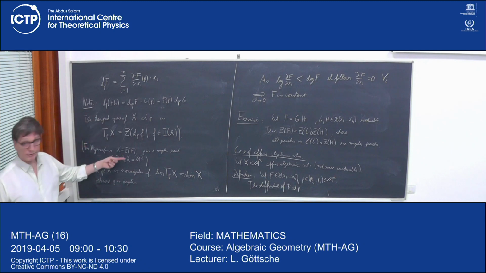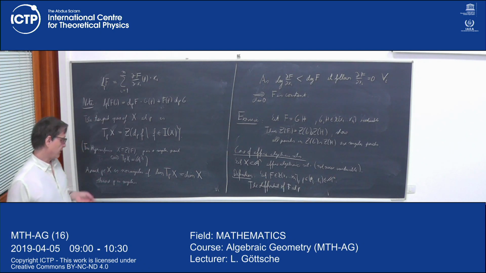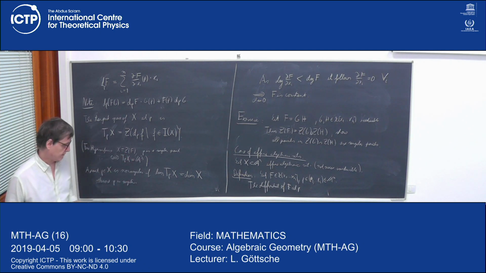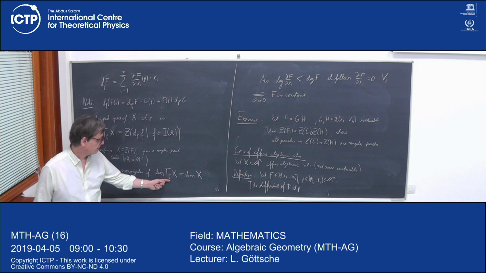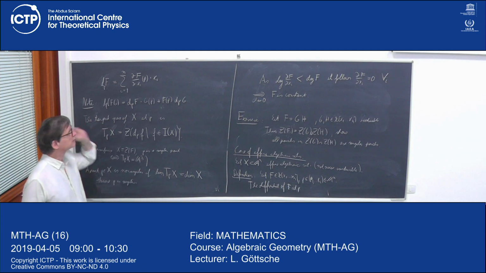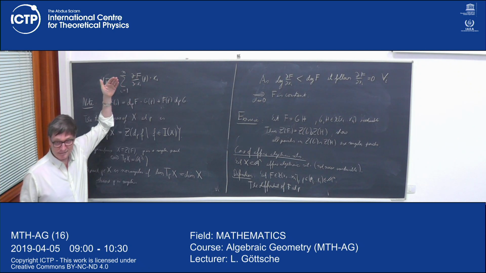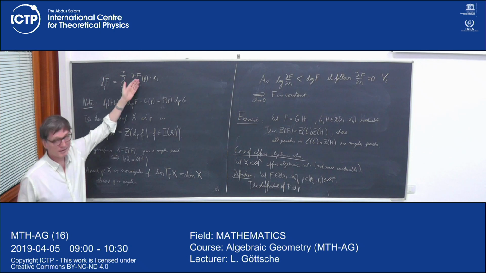And this is compatible with what is written here. At least we can see that for a singular point the dimension is too large, because this has dimension n minus 1 and this has dimension n. And here for the dimension of the tangent space, you can take either the dimension as a vector space or the dimension as a variety, because it's just the zero set of some linear equations. So it's isomorphic to some affine space of some dimension. So its dimension as a vector space is equal to its dimension as a variety.